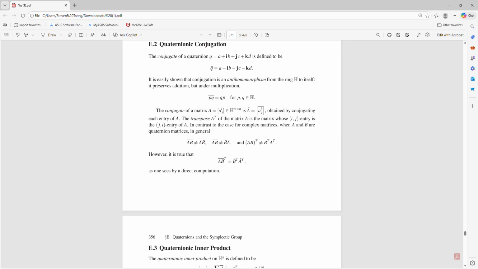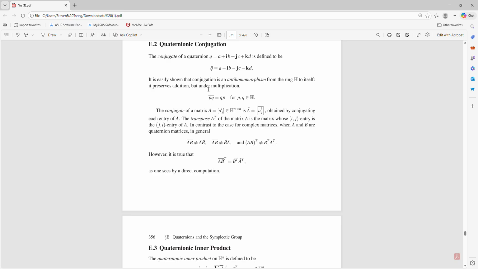Next, we will give some properties about the quaternion conjugation. Like for complex numbers, the conjugation of a quaternion changes the signs of i, j, k from plus to minus, just like for complex numbers.